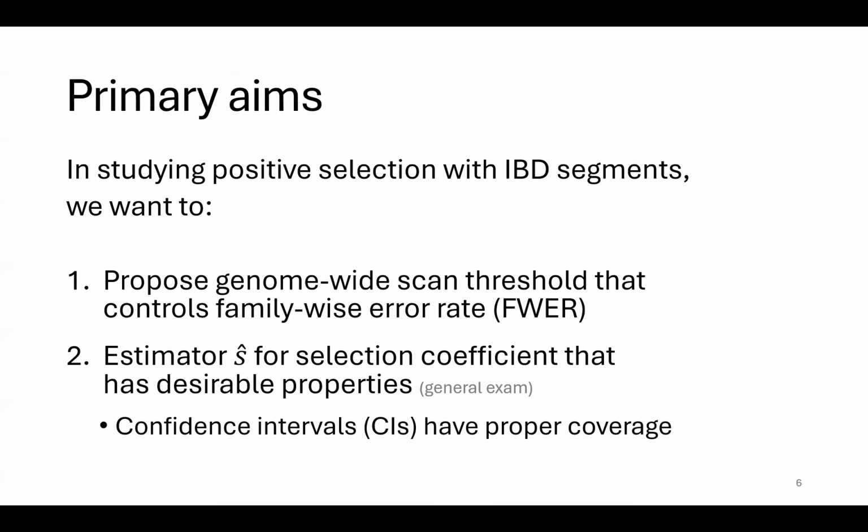We did discuss topics about asymptotic consistency and sufficiency in the general exam, but I've predominantly been interested in confidence intervals that have the proper coverage. So if you give me a 95% confidence interval, we expect to see in 95% of simulations that our confidence interval contains the true parameter.